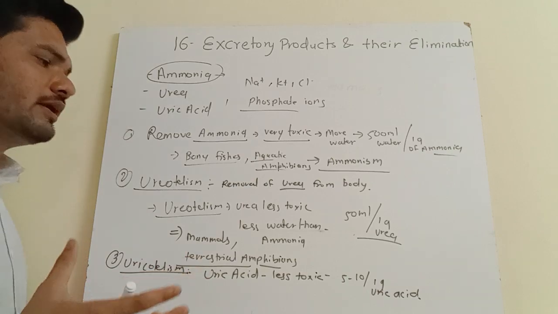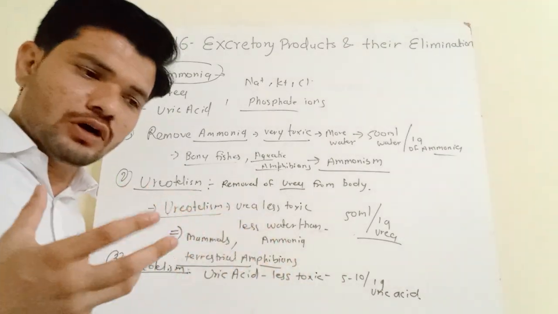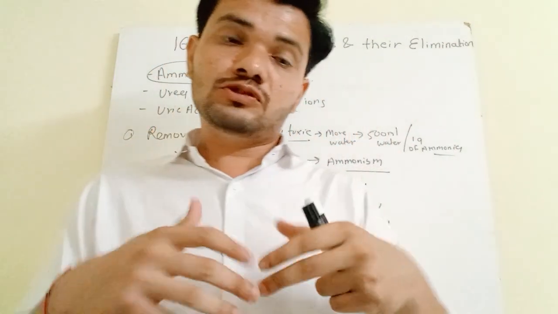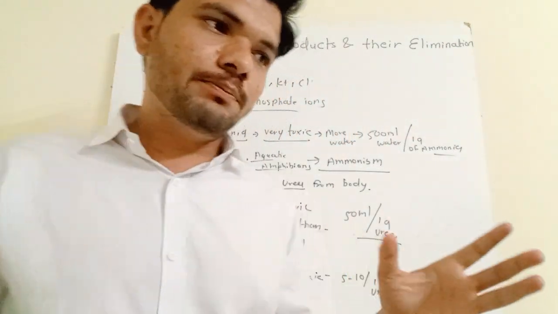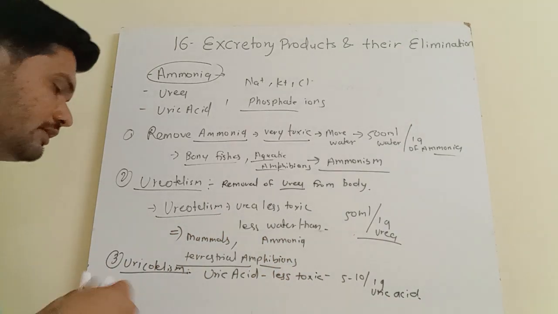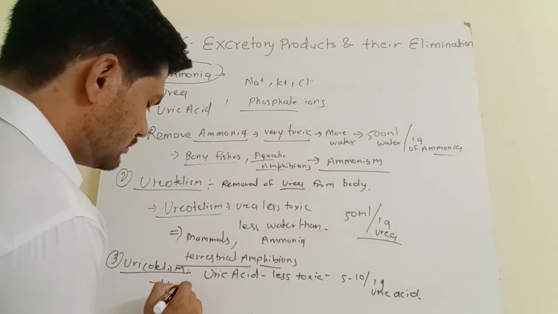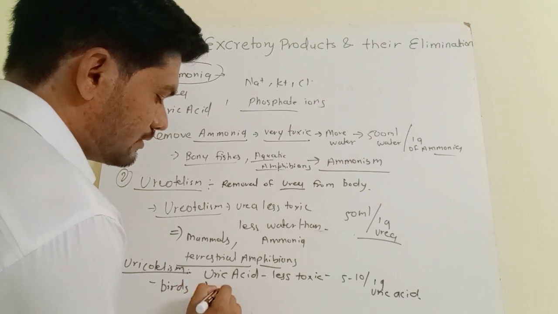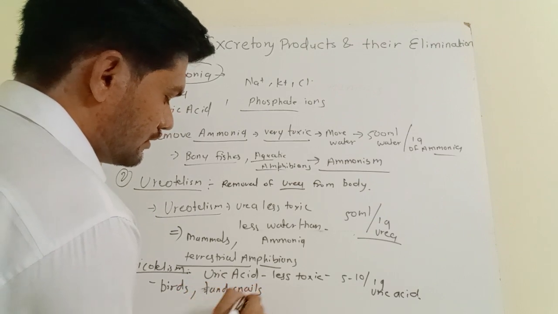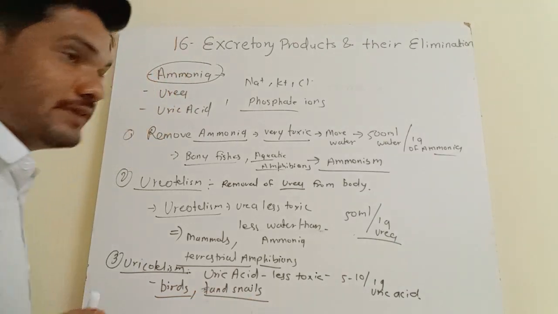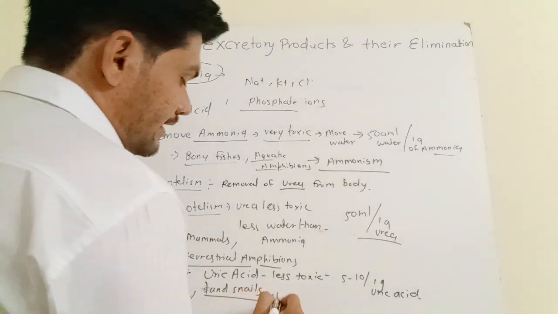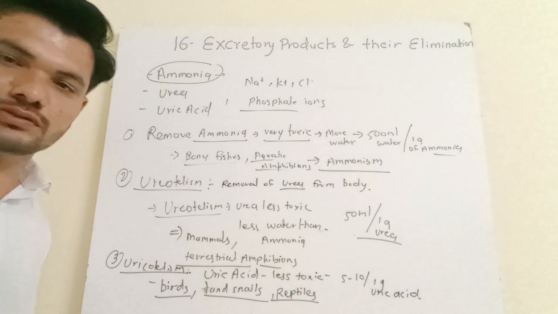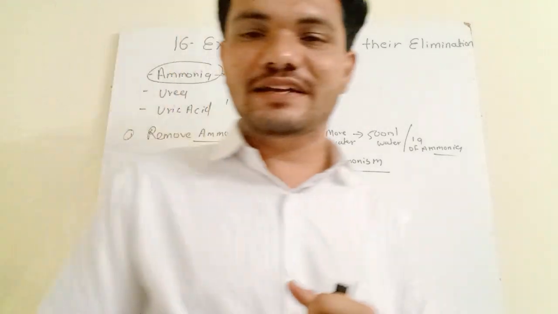The organisms that do not have so much water to spare perform such kind of excretion, that is birds, land snails, or let's say reptiles, perform this kind of excretion.